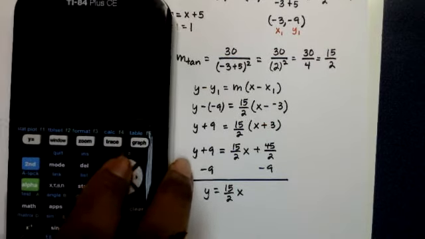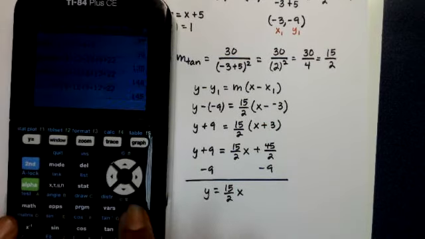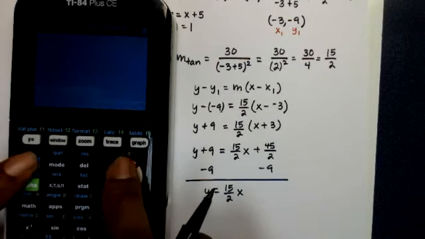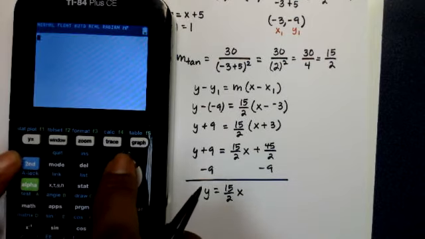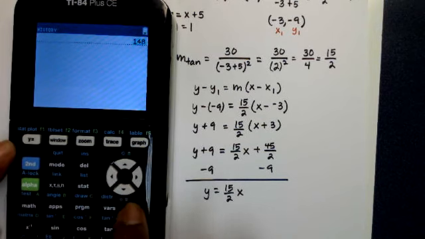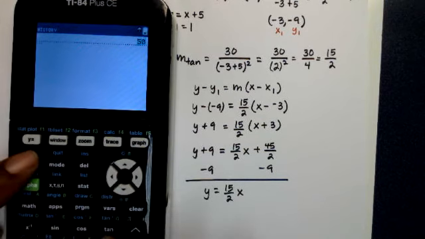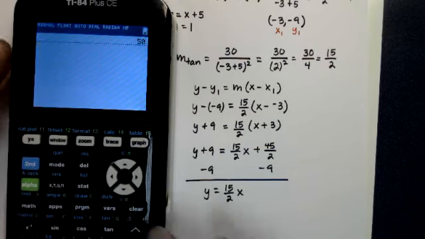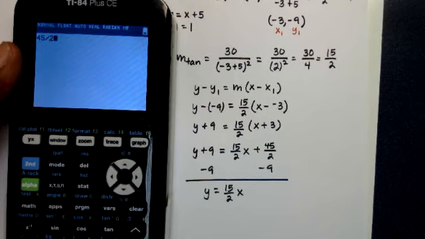So in this case here, let's figure this out. All right, let's see here. 45/2, that'd be 45 divided by 2 minus 9.